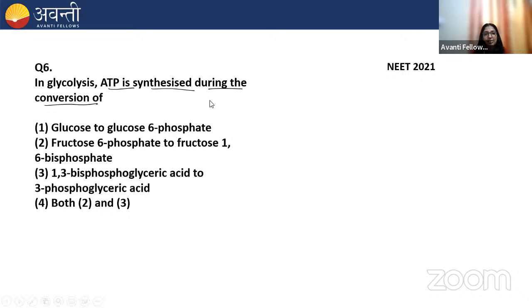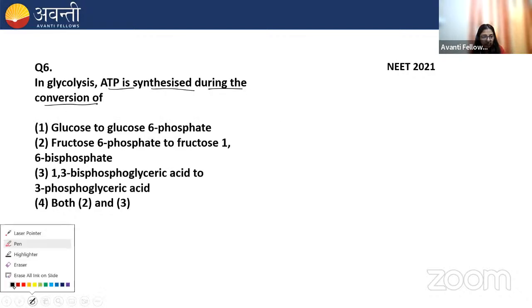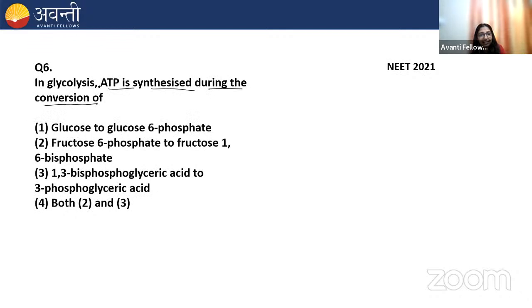They're asking about the step where ATP is synthesized, beta.